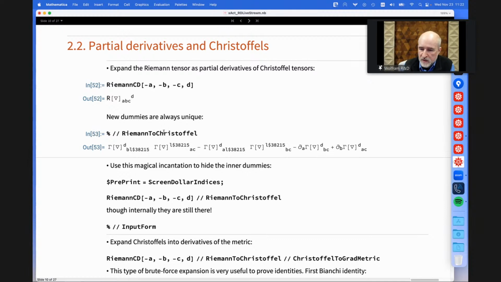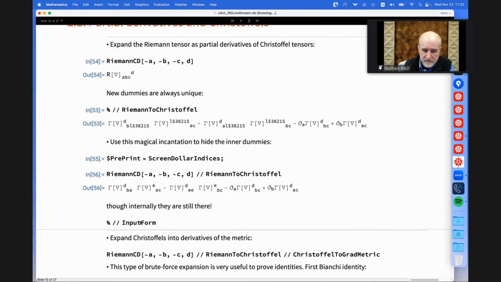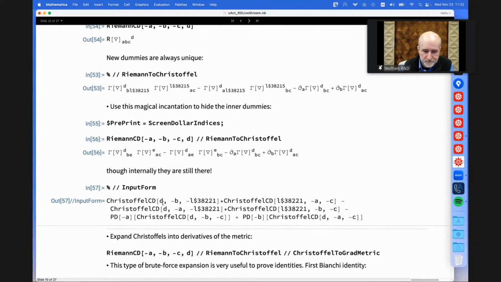And this is how we avoid getting indices repeated. We do this thing, the magical incantation, that is not there by default, so that you all are aware that this needs to be done. And once you do this, magically, you will not see these indices anymore. They are still there, but they are replaced in output. And so this looks much nicer.